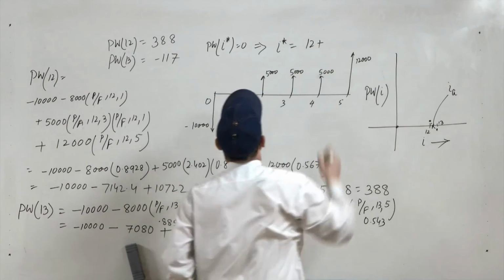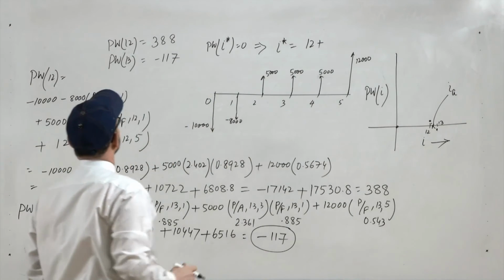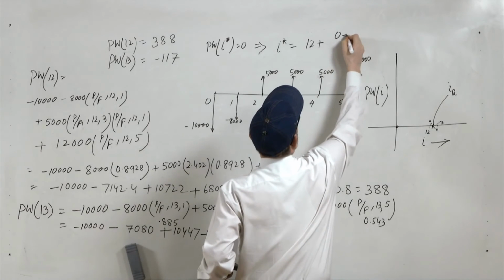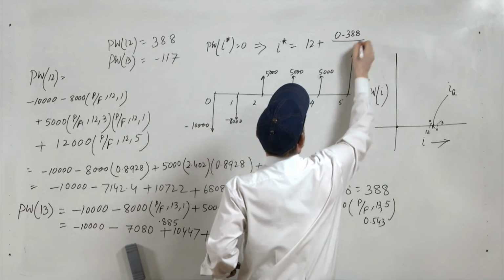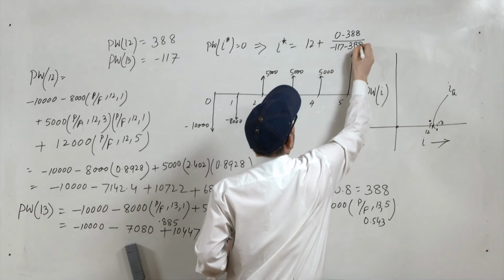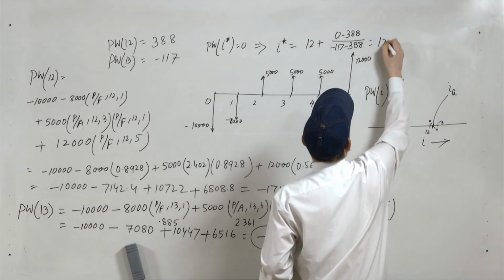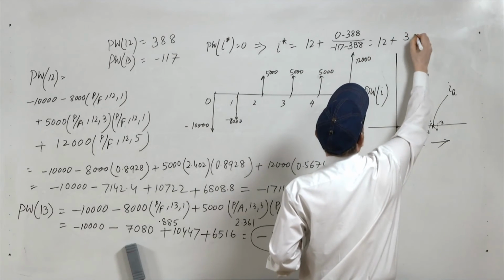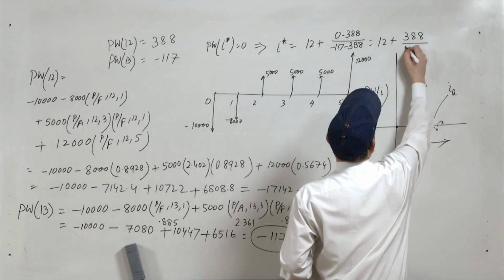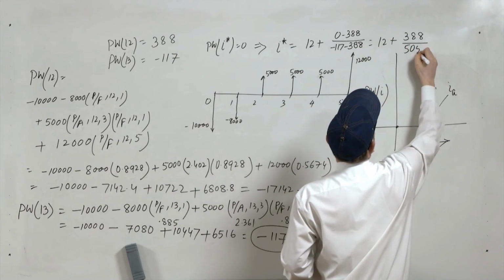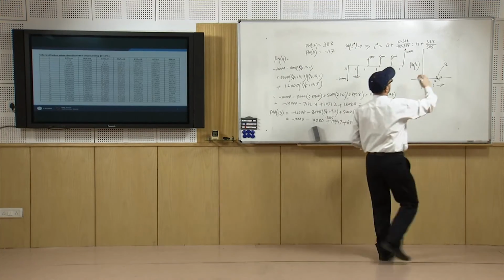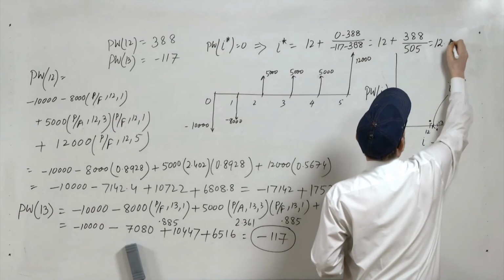12 plus (0 minus 388) by (minus 117 minus 388). So, it is nothing but 12 plus 388 by 505. So, it is coming close to 12.8%.